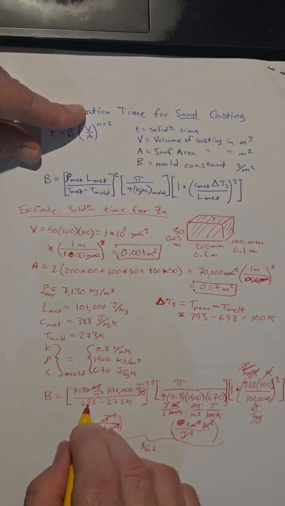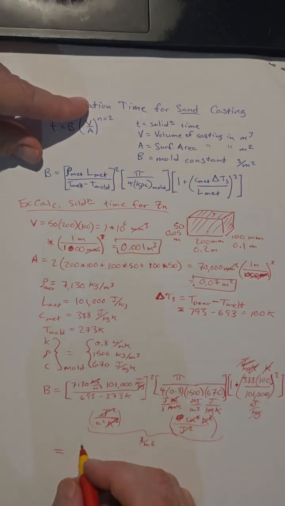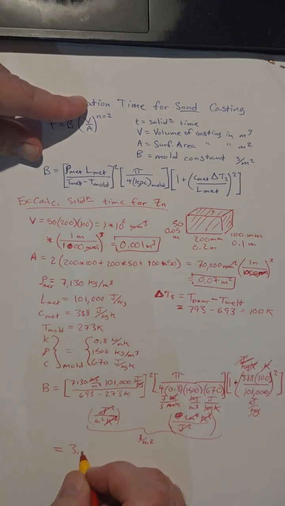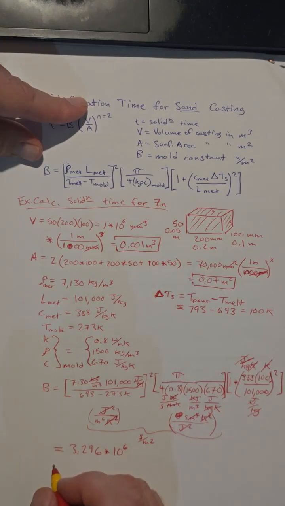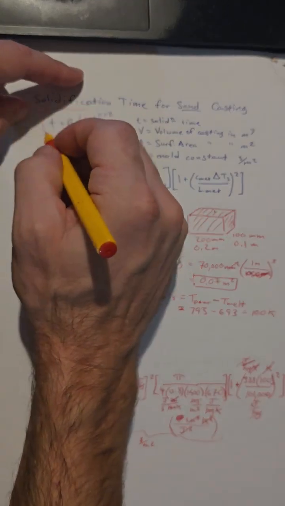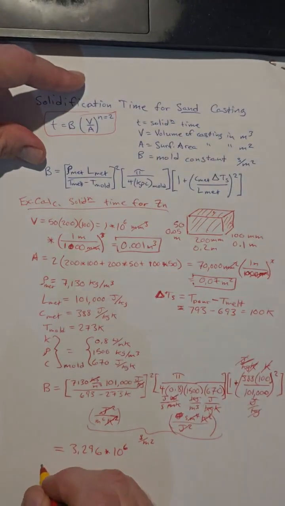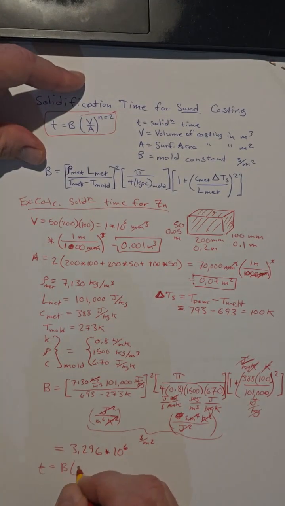Now if I do the math across this, I'm going to get a B value of 3.296 times 10 to the 6th. That's my B value. Going back up to my equation for solidification time, T equals B times V over A, squared.